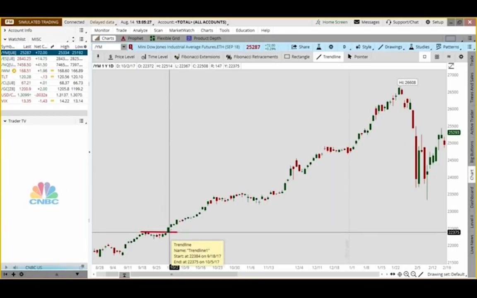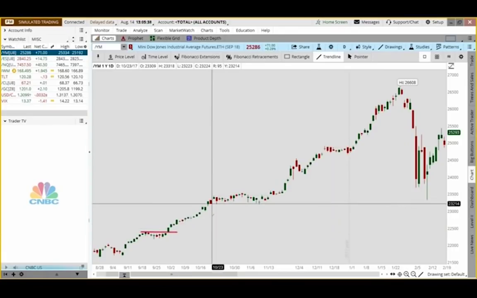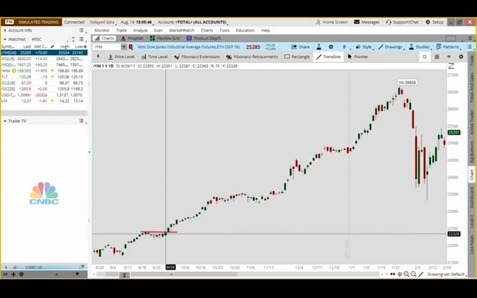Throughout the whole day, buyers were just pushing prices higher, higher, higher, higher. So we look at that individual candle and we can say buyers clearly won that tug of war, okay? Now, how does this close compare to the previous close? Well, it's much higher. Even the open was higher than that. So clearly buyers won that battle.